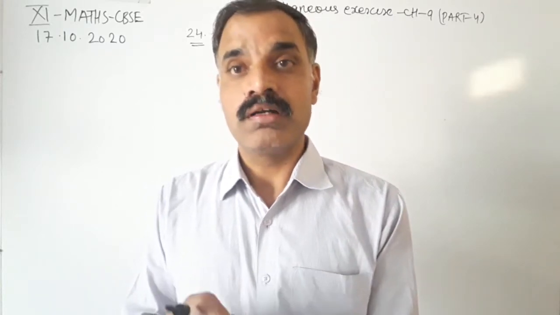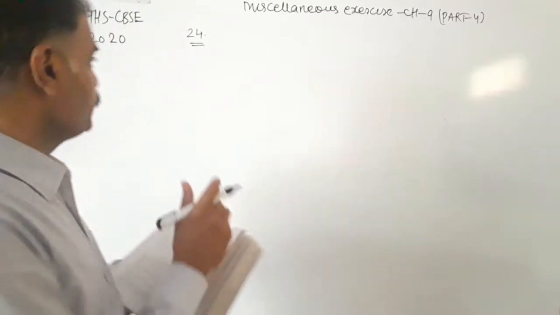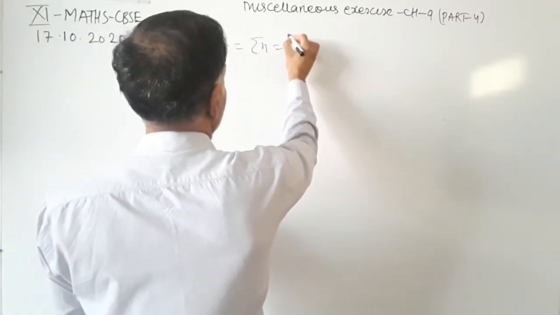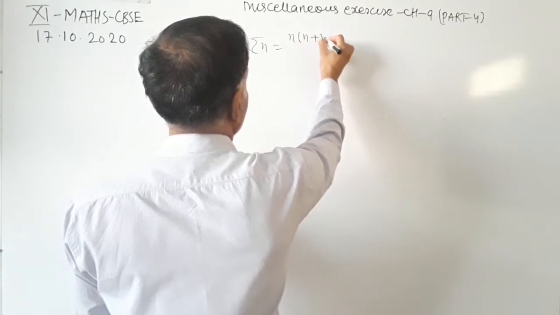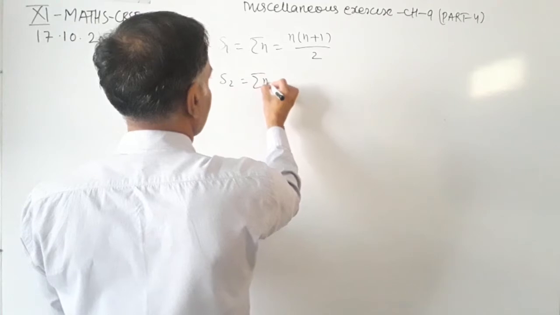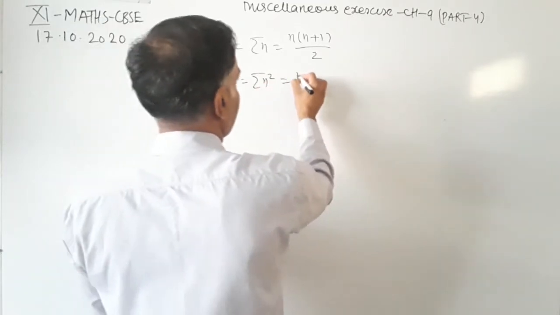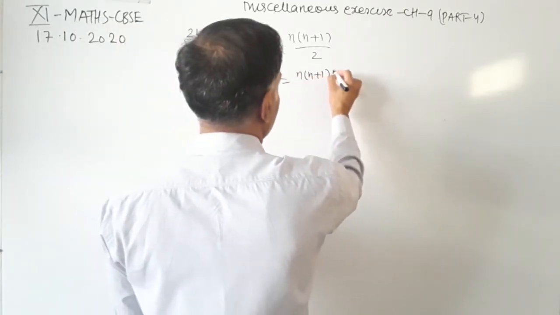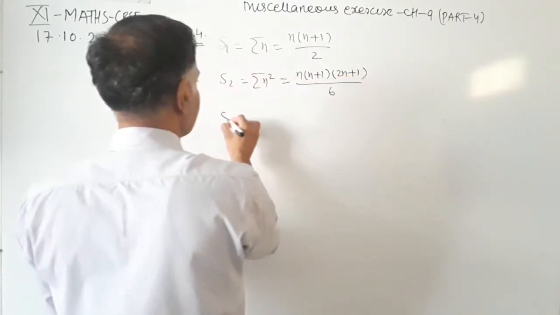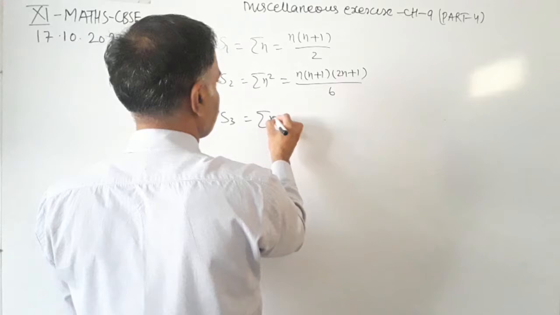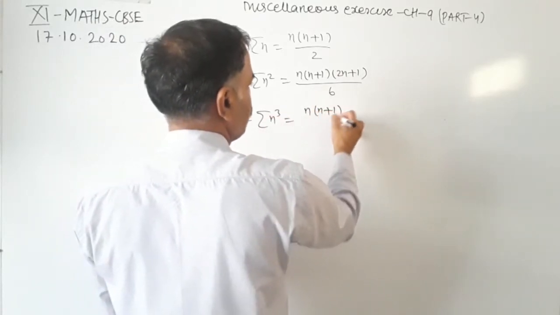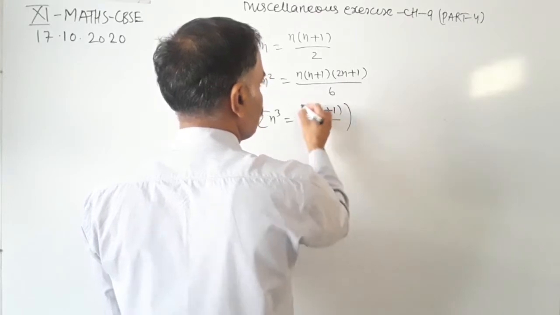show the given expression. We have been given S1, the sum of natural numbers, that is n into n plus 1 by 2. S2 is the sum of squares of the natural numbers, that is n into n plus 1 into 2n plus 1 by 6. And S3 is the sum of their cubes, that is n into n plus 1 by 2 whole square.